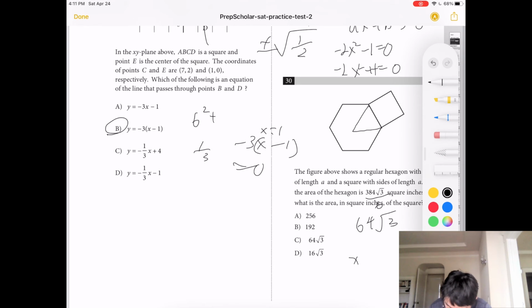So we have this triangle split in half. If that is x, then because of the 30-60-90 rule, this side would have to be x√3.